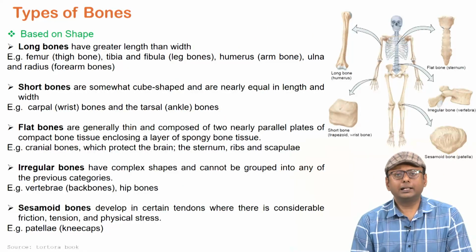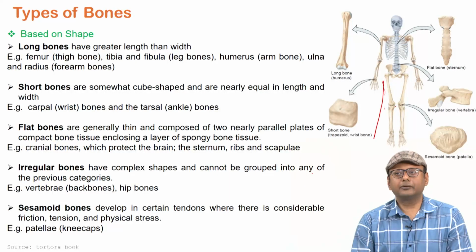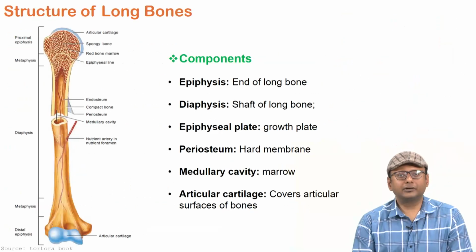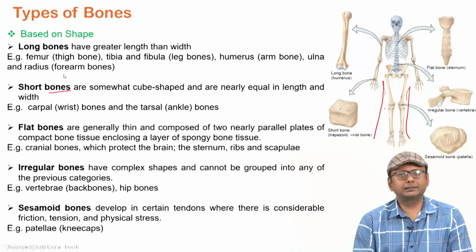Then what are the different types of bones present in our body? Mostly we know that we have long bones, like the tibia and fibula. Then we have short bones, like the various short bones in our hand, the wrist bones. Then there are flat bones, which are generally thin and composed of two nearly parallel plates of compact bone.